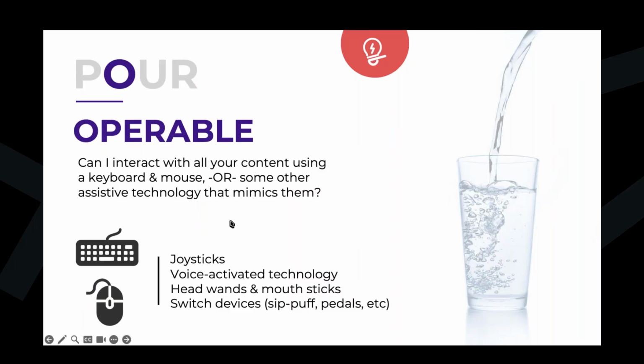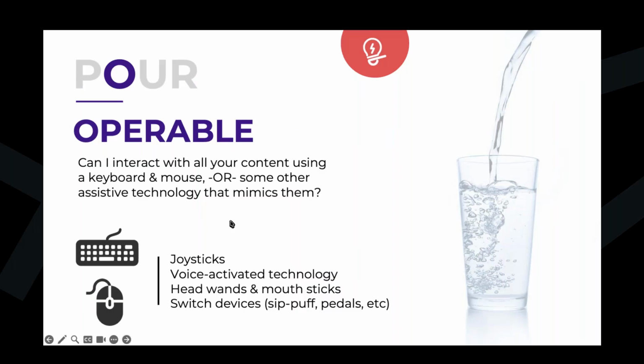But there are other input devices that we never see. If we are able-bodied, we might never experience a joystick or might never use voice-activated technology. There are also people that use head wands, people that use mouth sticks or switch devices. There's a whole range of switch devices. These are devices that mimic the clicking that would occur in a mouse, the left and right click.